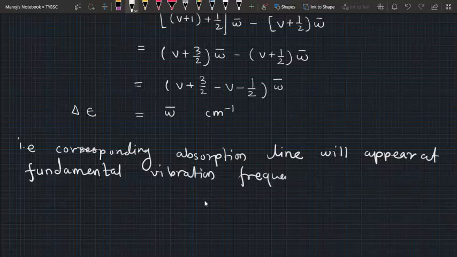Therefore, for the transition v to v plus 1, the corresponding line delta epsilon is equal to omega bar centimeter inverse.